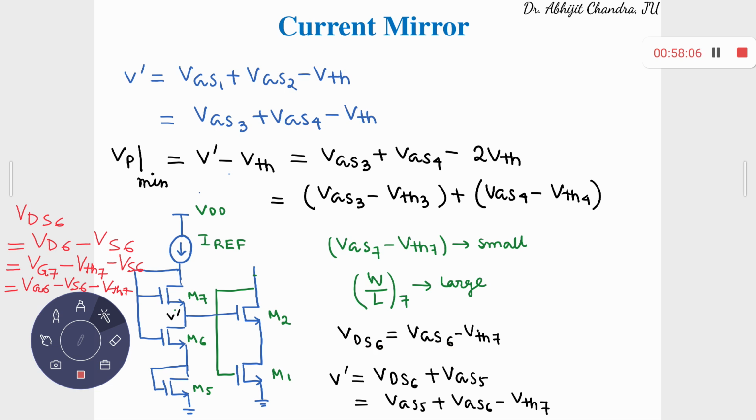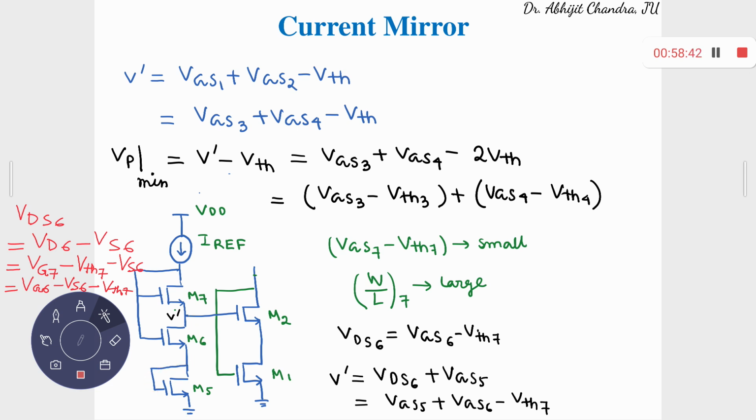Then what is V dash? V dash is VDS6 plus VDS1, and since these two are connected, V dash is equal to VDS6 plus VGS5.